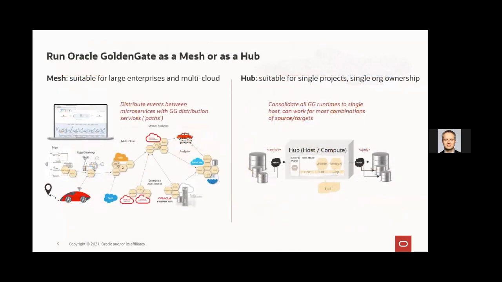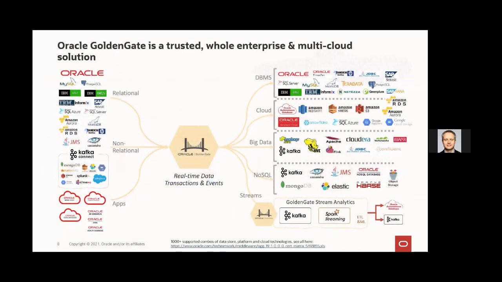One of the big advantages of GoldenGate is the heterogeneity. We have more than 100 combinations of integration patterns between relational and non-relational platforms and databases.